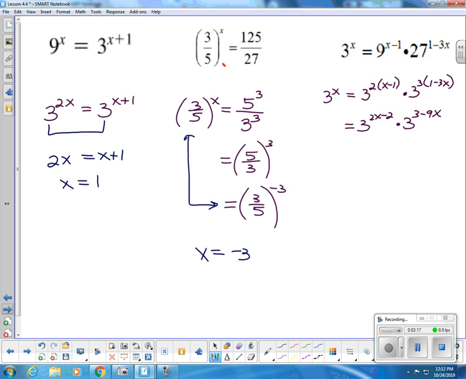You add the exponents, right? So 3, when we add these exponents, we're going to have a negative 7x plus 1. Our bases are the same. So our exponents are the same, and you just solve that linear equation. So some of them can be a little bit more complicated than the basic one that we did on the previous slide.